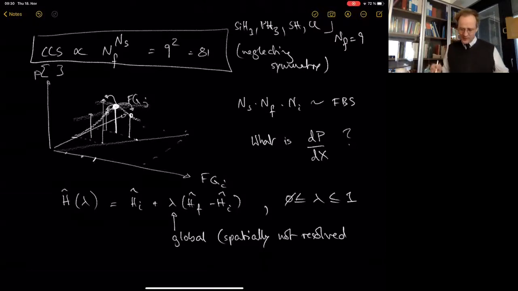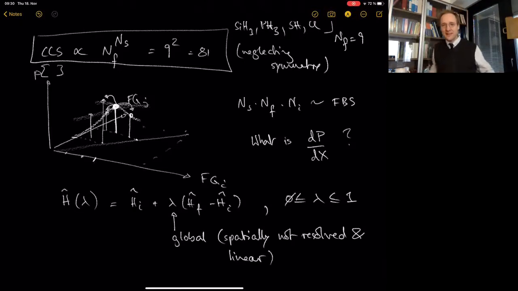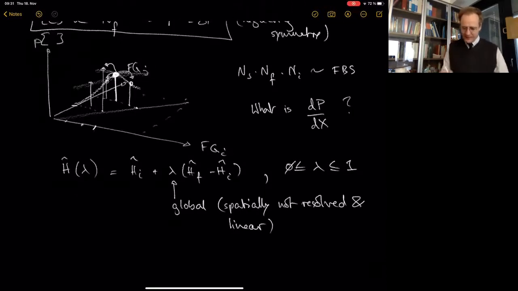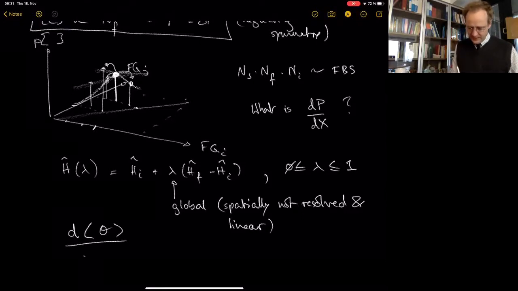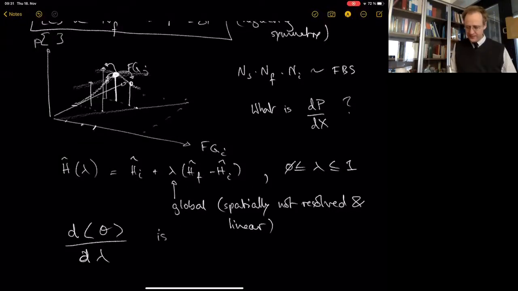So spatially not resolved and linear, that's basically as bad as it gets, right? So, now, but if you have that, then you can ask this question, right? What is my expectation value of some operator as I change my lambda?